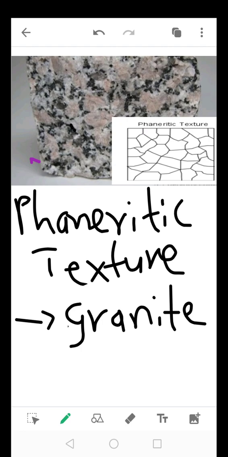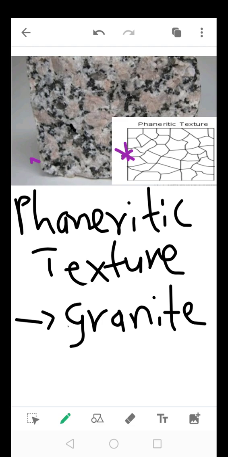And this texture is seen in most of the intrusive rocks, the granite, the diorite, gabbro, and even the peridotites and other related intrusive rocks. This phaneritic texture can be seen in such rocks. Look at this diagram again. Now you can see the different textures within this box.